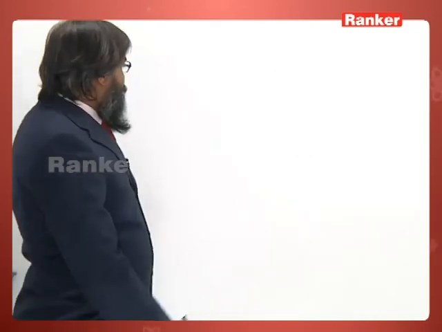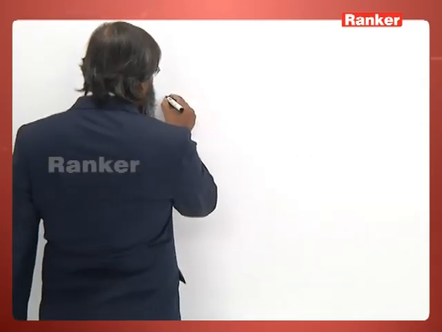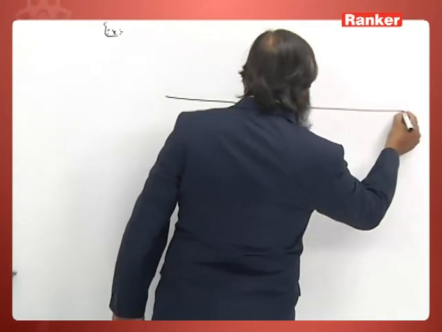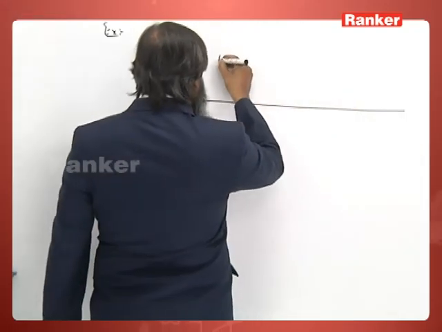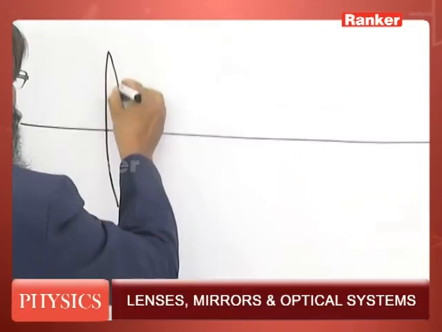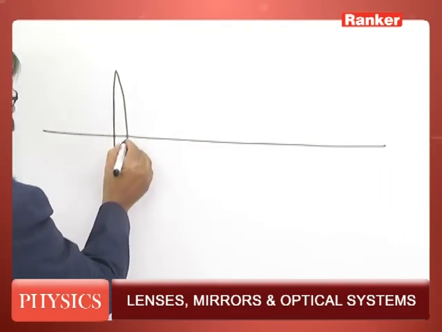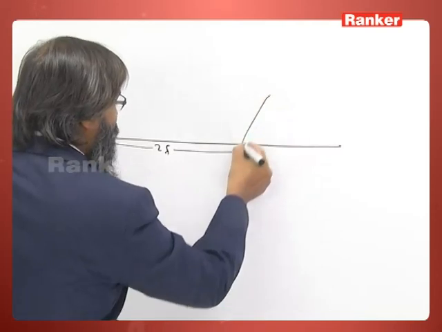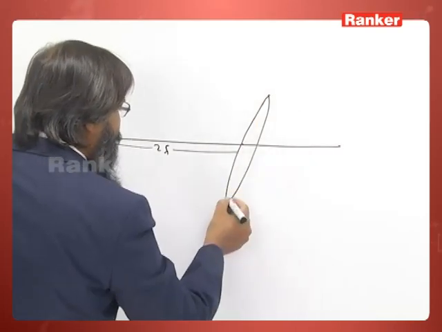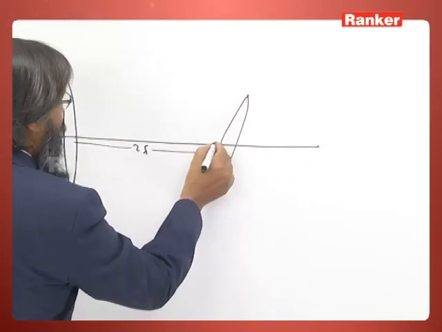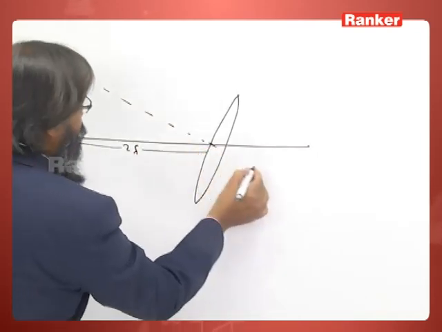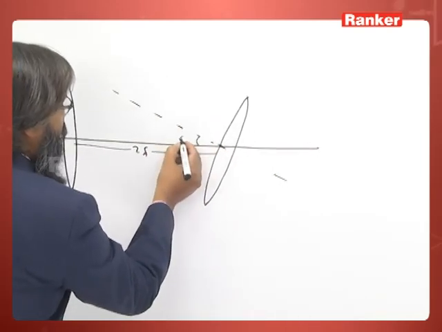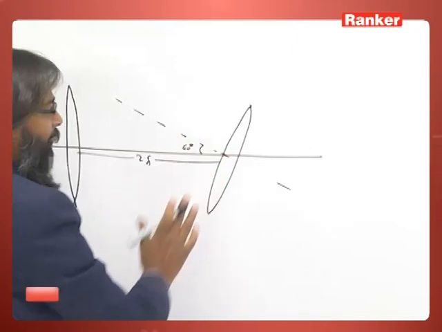Now let us take an example where this is a lens of focal length f, a converging lens, and at a distance 2f we have placed another identical lens, but this time its optic axis is changed, rotated by 60 degrees.